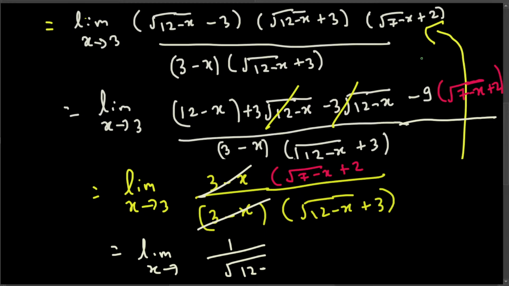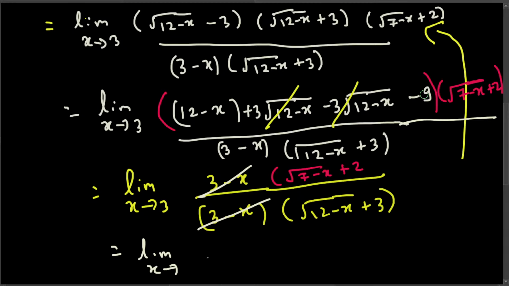We FOILed it, but I forgot this value here. So let's put all of this in the bracket, and then here we have square root of 7 minus x plus 2. But still the 3 minus x cancel, but in the numerator we still want to have this one. So that didn't affect the calculation at all, because there's nothing to cancel with that one.